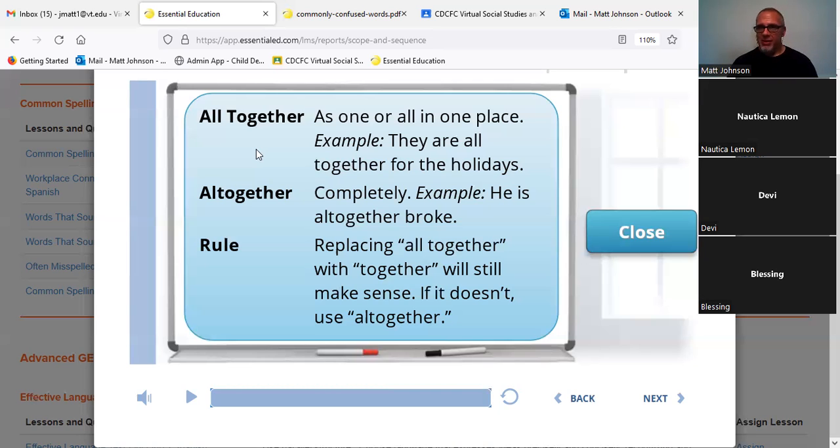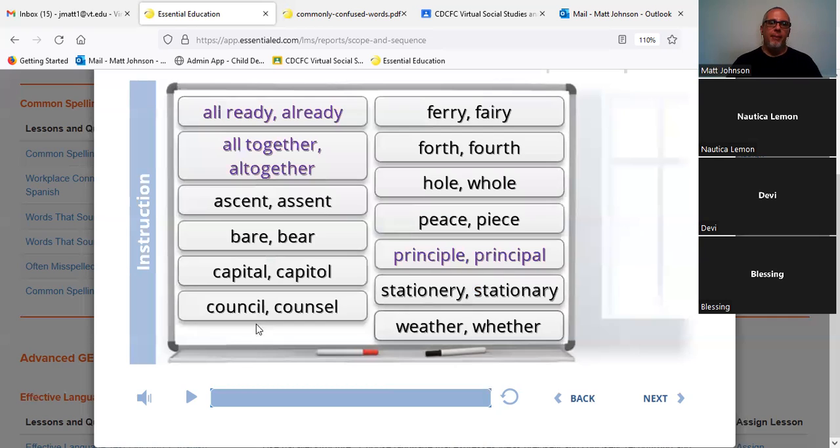The problem is they're closely related, right? They have almost a similar idea. So altogether is one word, it means completely. All together is two separate words, meaning everything in one place. So you have the difference of complete or everything together, right? So kind of similar meanings.